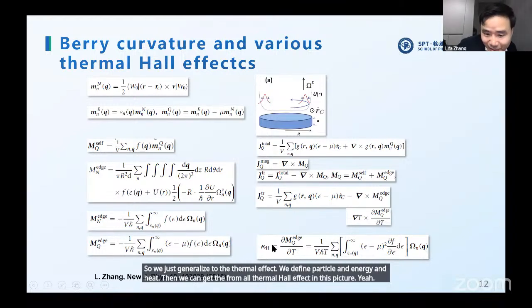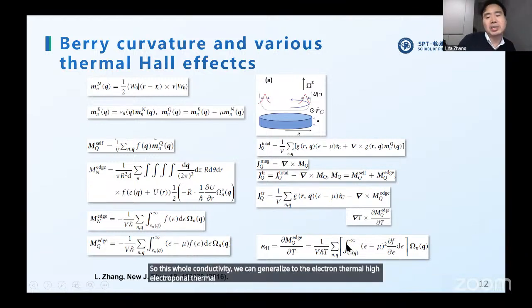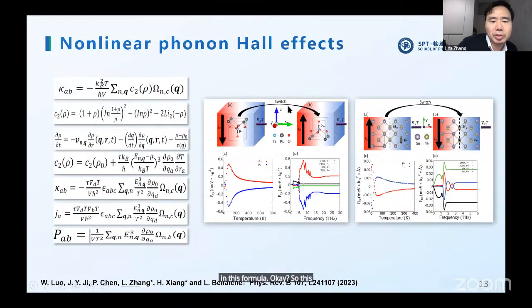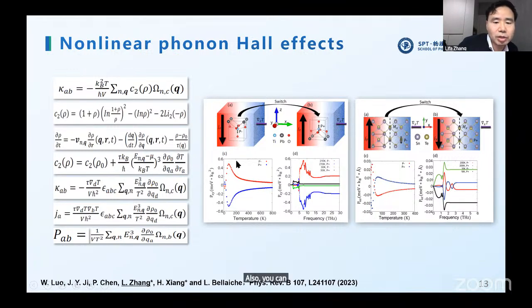So this Hall conductivity we can generalize to the electron thermal Hall effect, the phonon thermal Hall effect, and the magnon thermal Hall effect. All of this can be included in this formula. Now we also do the non-linear phonon Hall effect for the non-magnetic system, and can also find some phonon Hall conductivity.